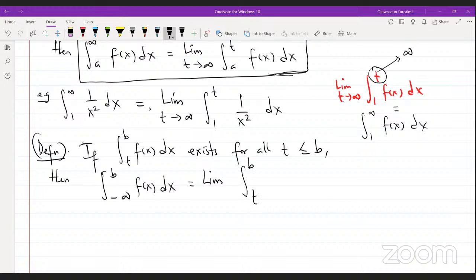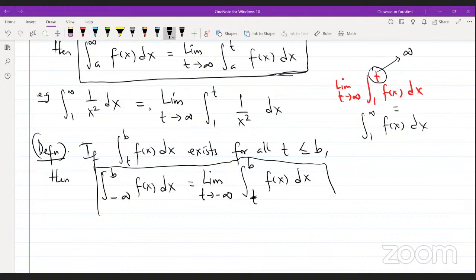And of course, this guy is b, f of x dx. So t goes to, what is this value here? Originally, it had negative infinity. Exactly. Makes sense, guys. We need these ideas, and that's why we're presenting it first.